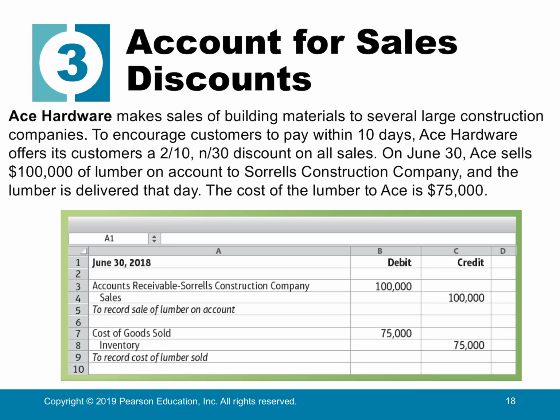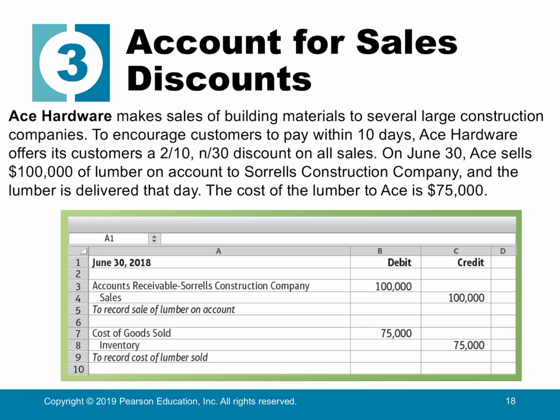So let's look through an example. Ace Hardware makes sales of building materials to several large construction companies. To encourage customers to pay within 10 days, Ace Hardware offers its customers a 2/10 net 30 discount on all sales. On June 30th, Ace sells $100,000 of lumber on account to Sorrell's Construction Company, and the lumber is delivered that day.